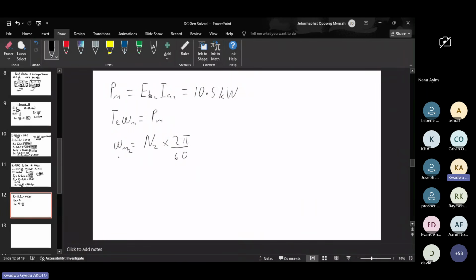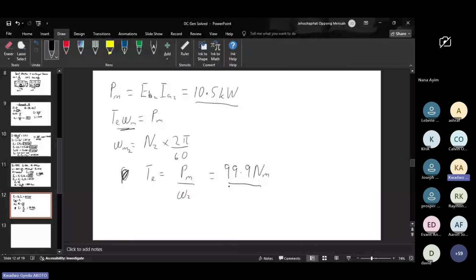Please change it to radian per second or this won't work. So we have TE is going to be our mechanical power on our speed in radian per second. So we are going to have 99.9 Newton meter as our torque at this load. So we found power at this load, torque at this load, and speed at this load.